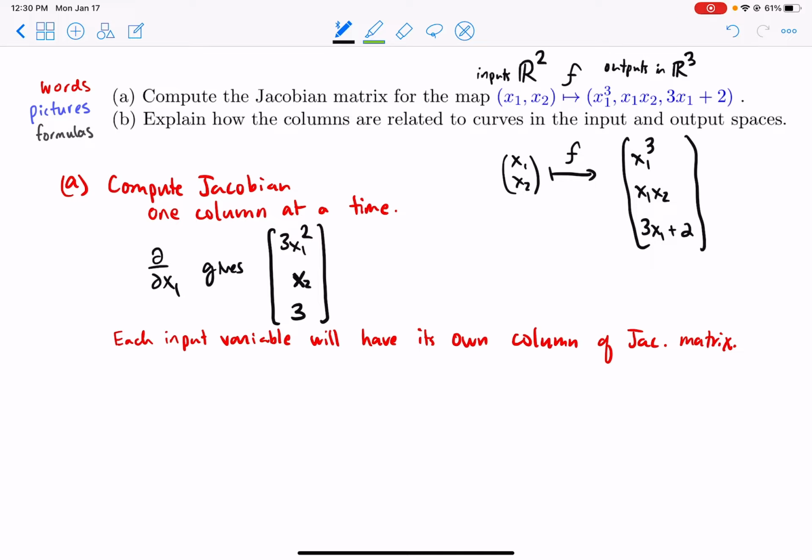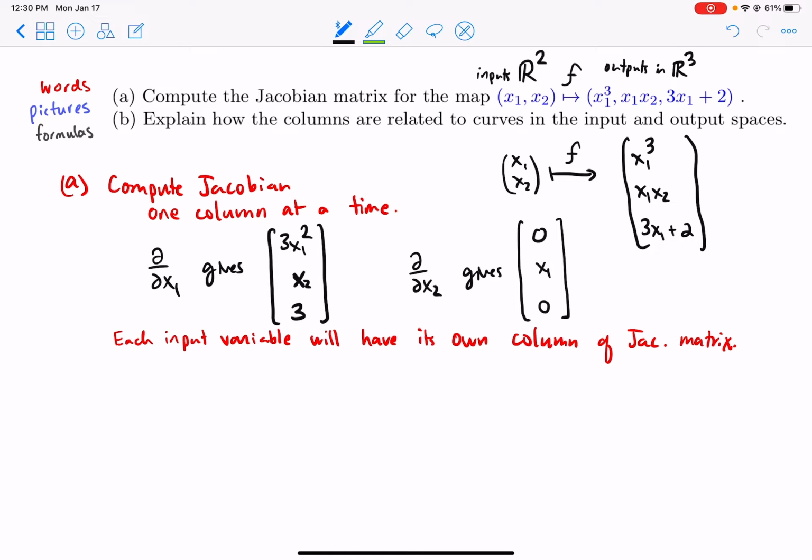Okay, and then the second input variable, now we let the second variable vary, and that will give another column of the Jacobian matrix. In this case, the second variable doesn't even appear here. There is no x2, so the derivative is 0. Here there's an x2 and it has a constant x1. And here there's no x2, so the derivative is 0.